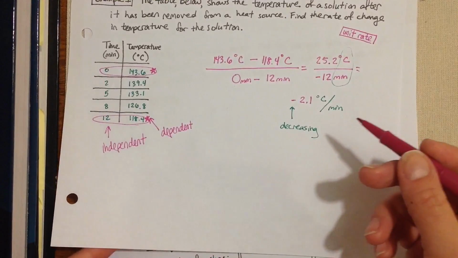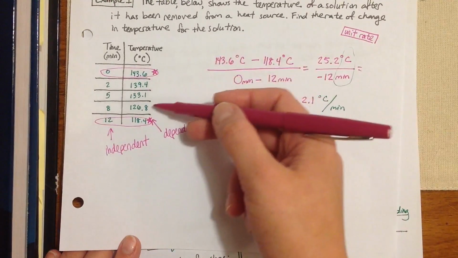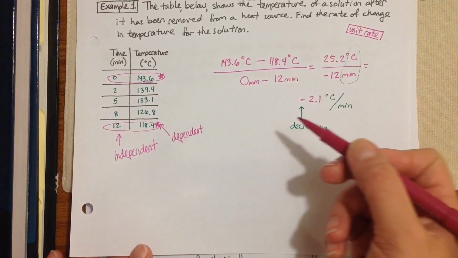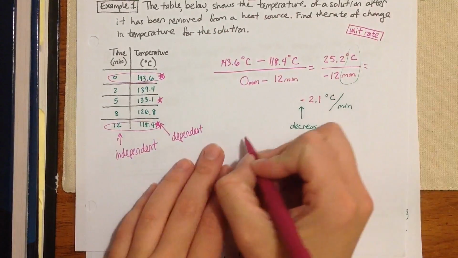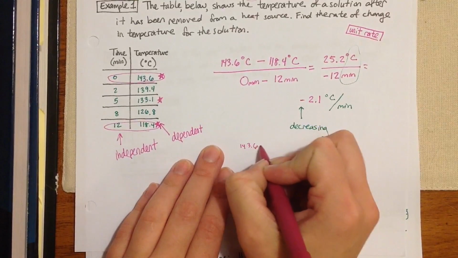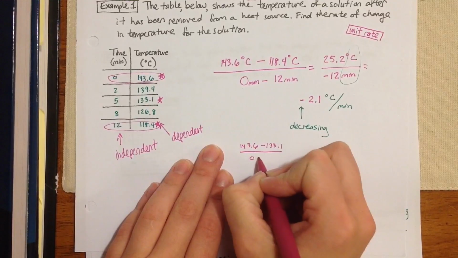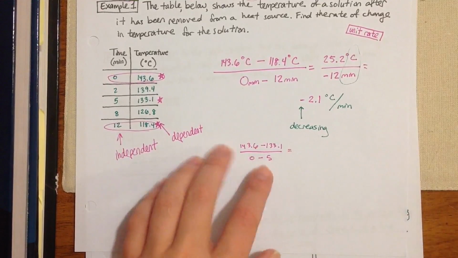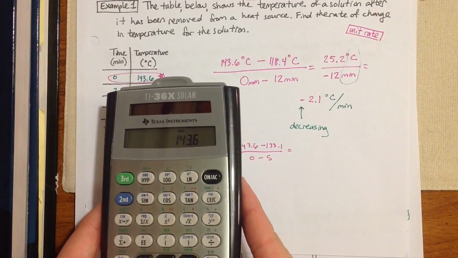This is what we call a constant rate of change. Notice real quick, if I picked another number, so let's say I did 143.6 minus 133.1, all over 0 minus 5. I'm doing this a lot quicker because I know that you guys can do this calculation.